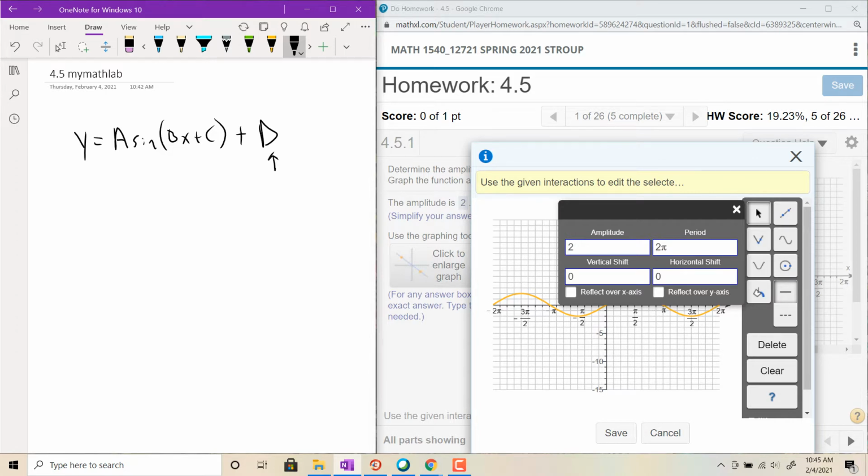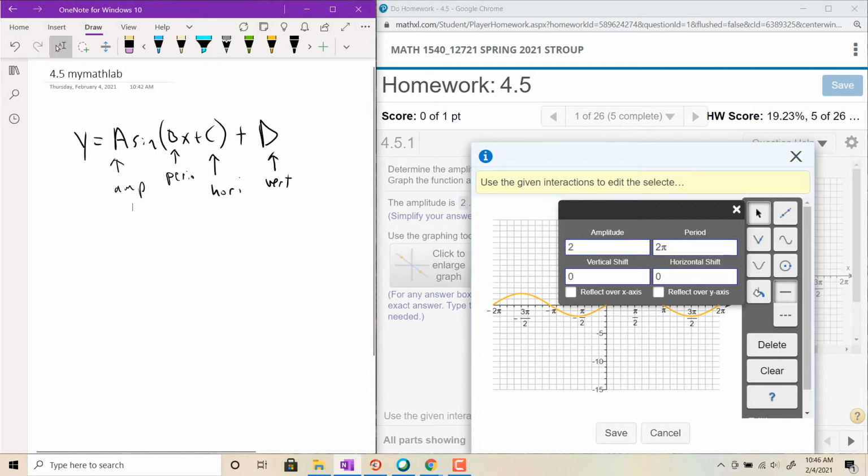This part here is the vertical shift, and this part here is the horizontal shift. That part there will be affecting the period, and this part here affects the amplitude.